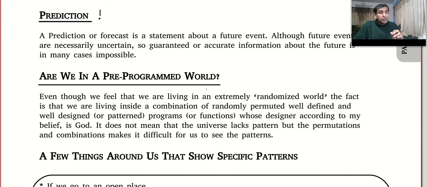But it is not true. There are many patterns going around us, regularly repeating things. And as human beings, what we do is we keep on observing these patterns so that we can imitate them, so that we can control them.